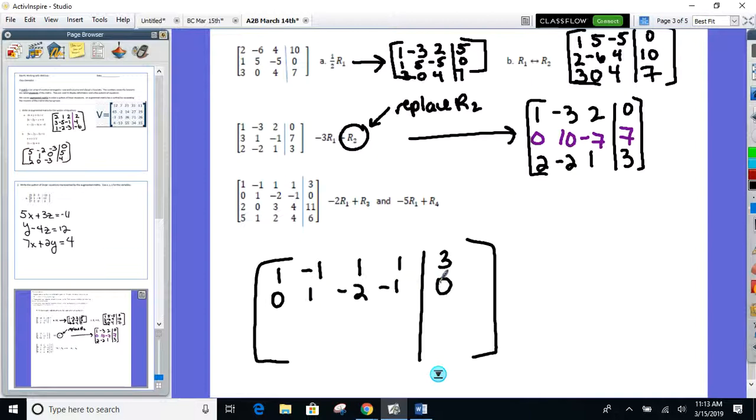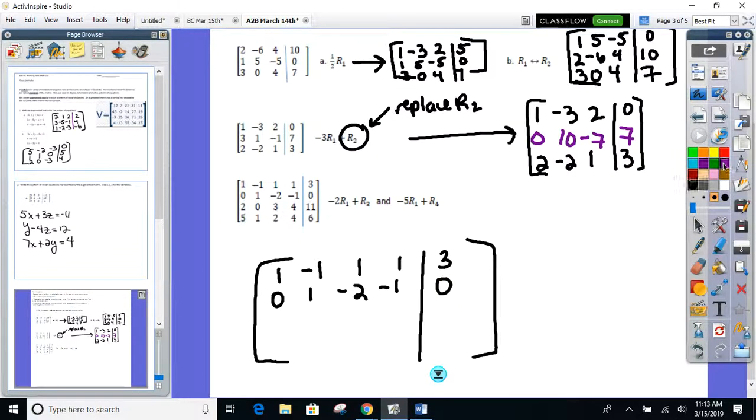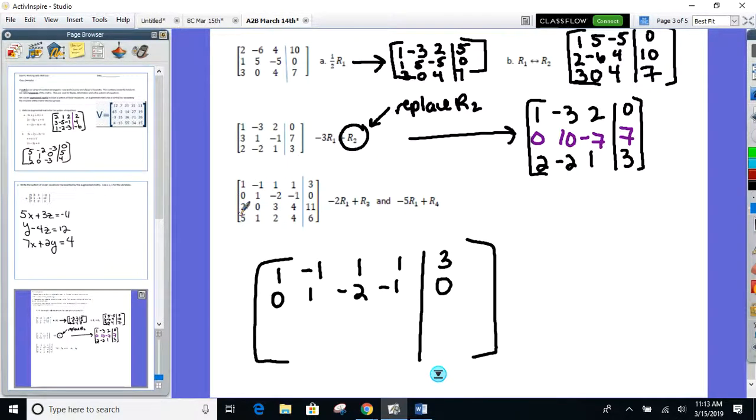All right, here we go. I'll go slow again. Let's replace row 3. Negative 2 times row 1: negative 2 plus 2, so I'm plugging a 0 in here.